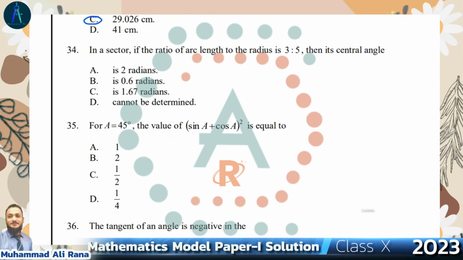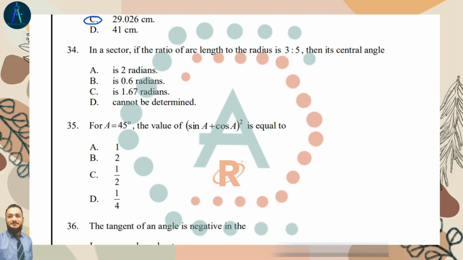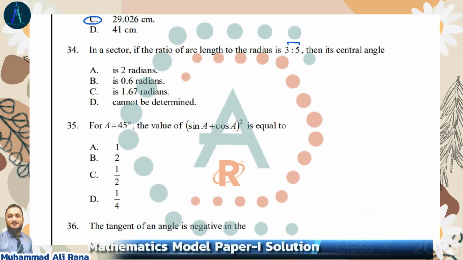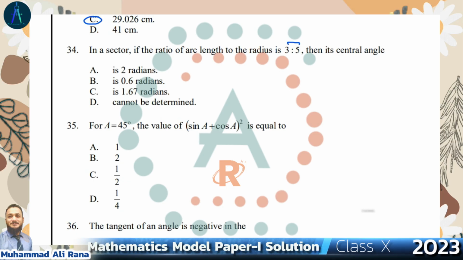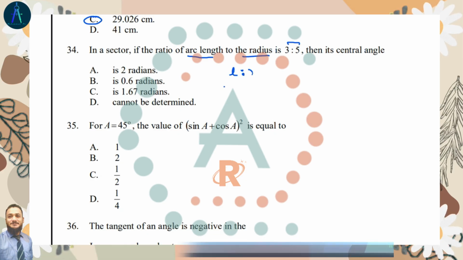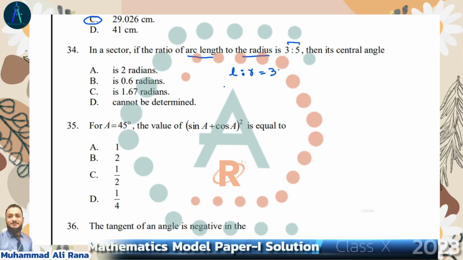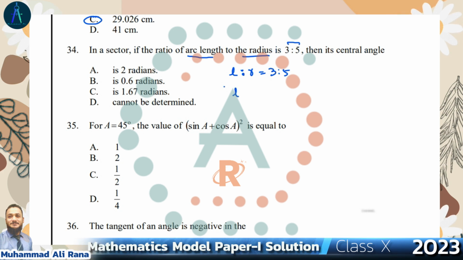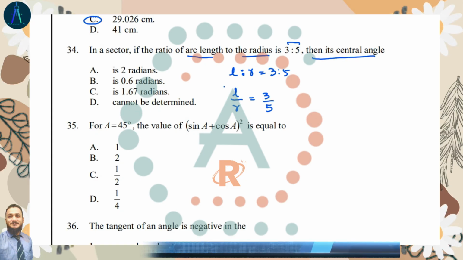In a sector, the ratio of arc length to the radius is 3:5. This means L ratio R is equal to 3:5, or we can say that L upon R is equal to 3/5. We have to find the central angle.